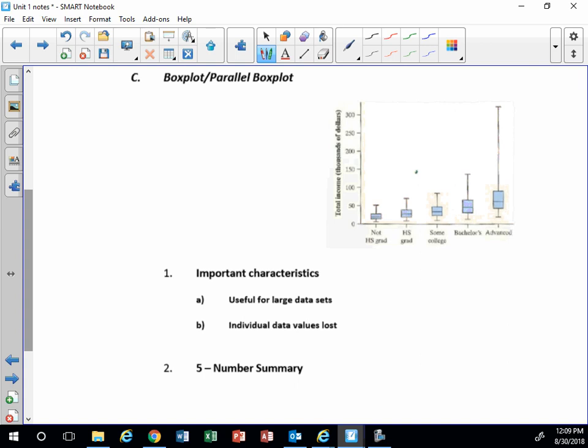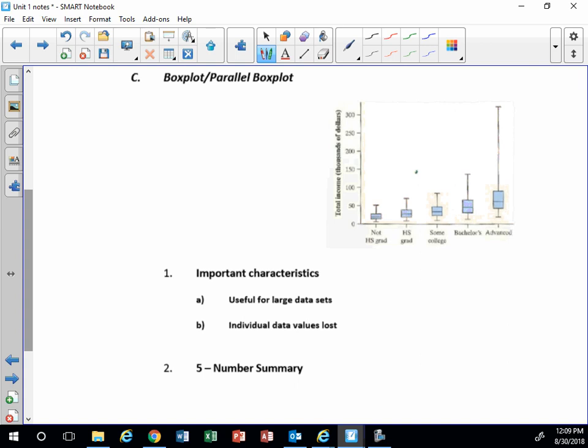25% of your data is in this first little group, 25% in this half of the box. It's not really half the box, but 25% for this side, 25% for this side. So it shows you the shape of your data, that these values are much more spread out than these values.